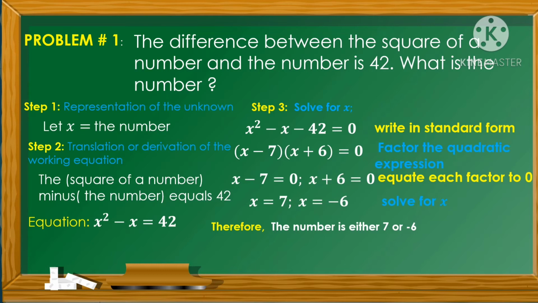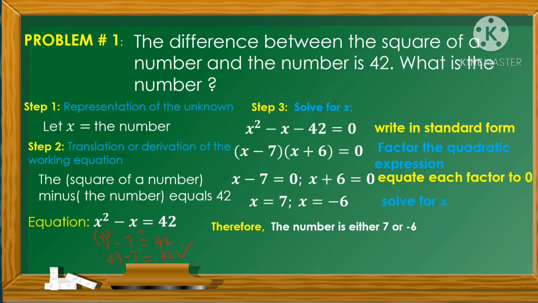Okay? So, kung gusto mong i-verify yan, masasatisfied naman yung equation. Halimbawa dito, kung papalitan natin si x ng 7, 7 squared minus 7, tingnan natin kung ito ba ay equal sa 42. Square of 7 is 49 minus 7. So 49 minus 7 is 42. And that's correct. Okay?